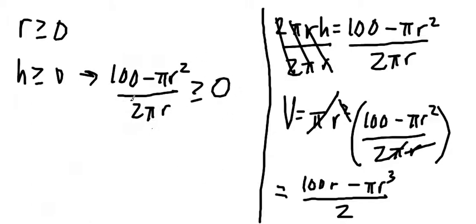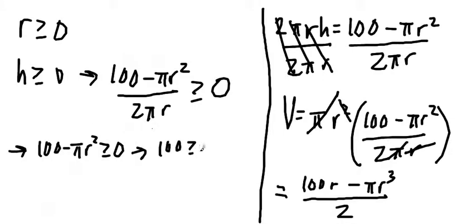So, in particular, since r is non-negative, this is greater than or equal to 0 precisely when 100 minus pi r squared is greater than or equal to 0, which happens when 100 is greater than or equal to pi r squared, which happens when 100 divided by pi is greater than or equal to r squared.